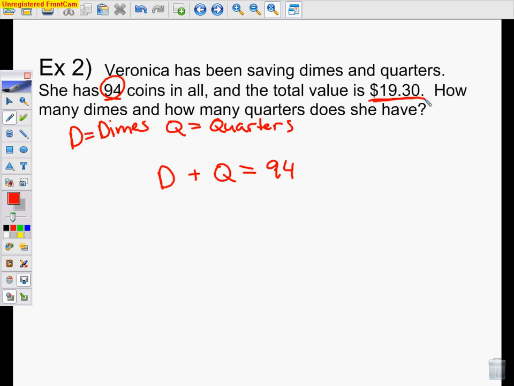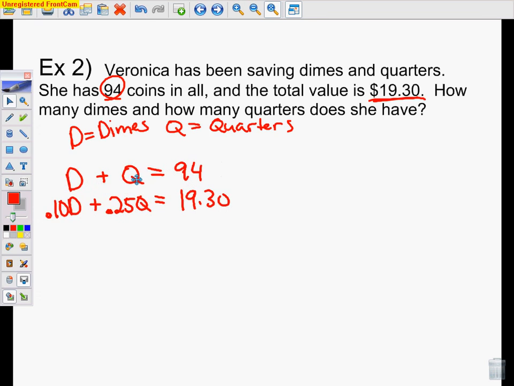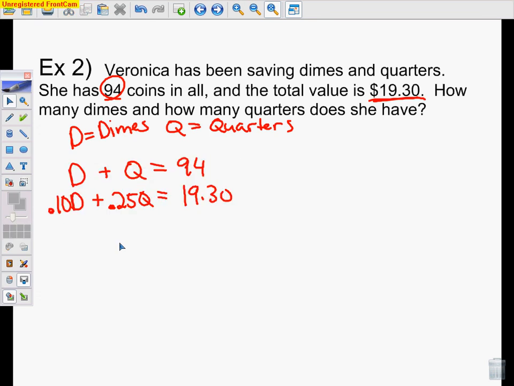Now, the other part of the problem has to deal with the total value, which is $19.30. How much is the value of each dime? Well, dimes are 10 cents. Plus, how much is the value of each quarter? Quarters are 25 cents. And what's our total value? $19.30. Are the variables lined up here? Yes, D's, Q's, equal sign. If you add down, does anything automatically eliminate? No. Well, what cancels with a 0.10D?